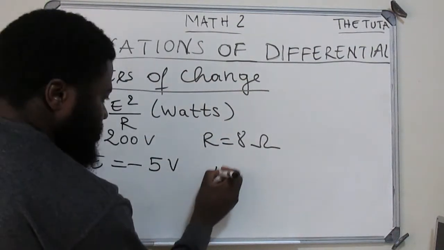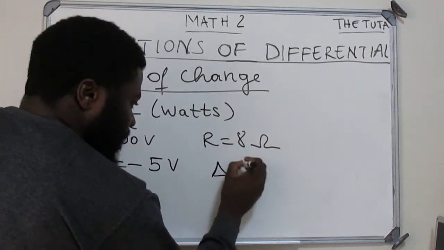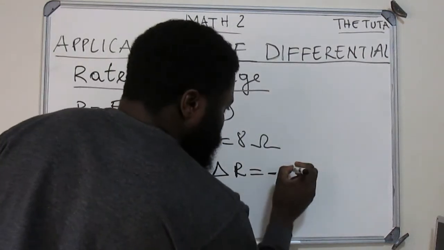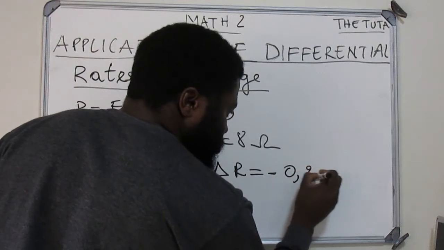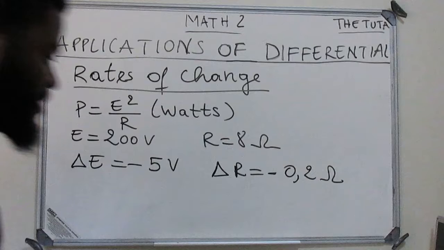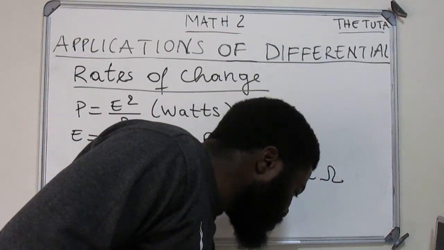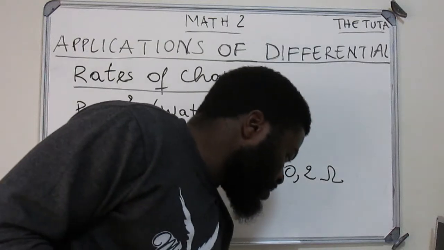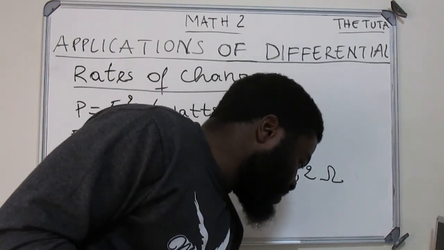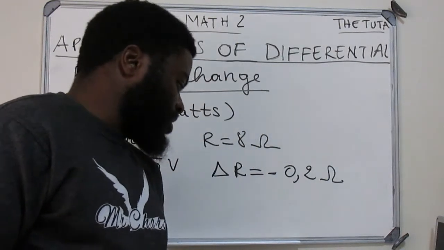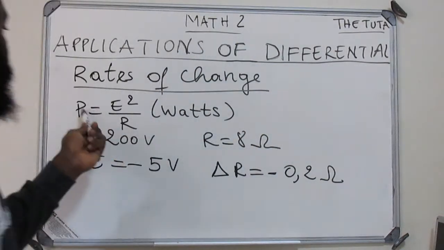So the rate of change in R is decreased by 0.2 ohms. So this is what we are given. Now, they want us to find by how much the power changes if E decreases and R also decreases. So they want us to find the rate of change of P.